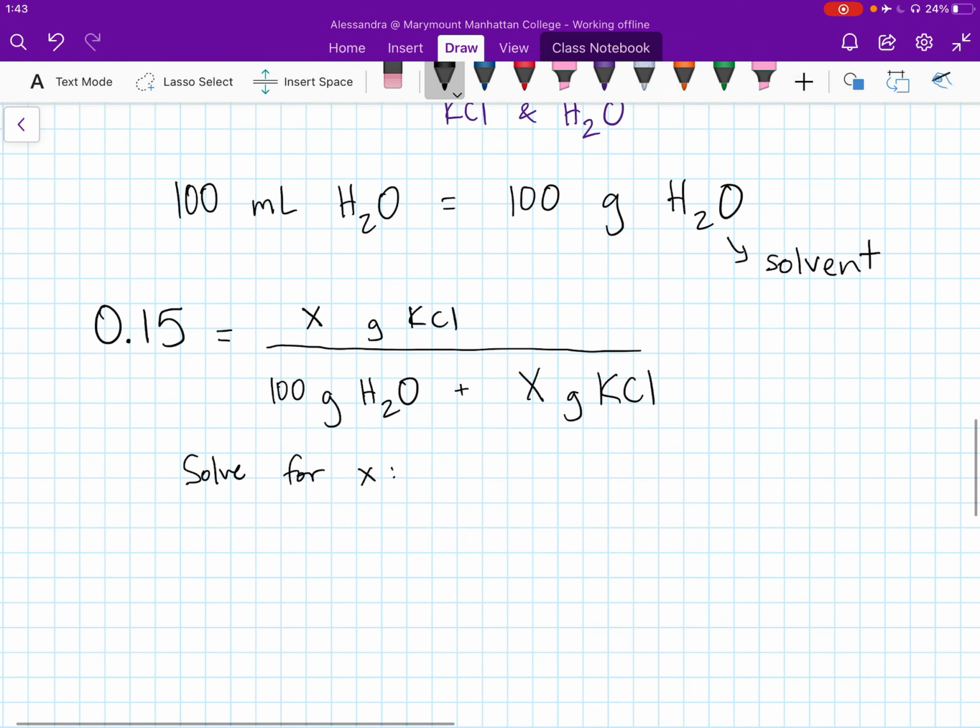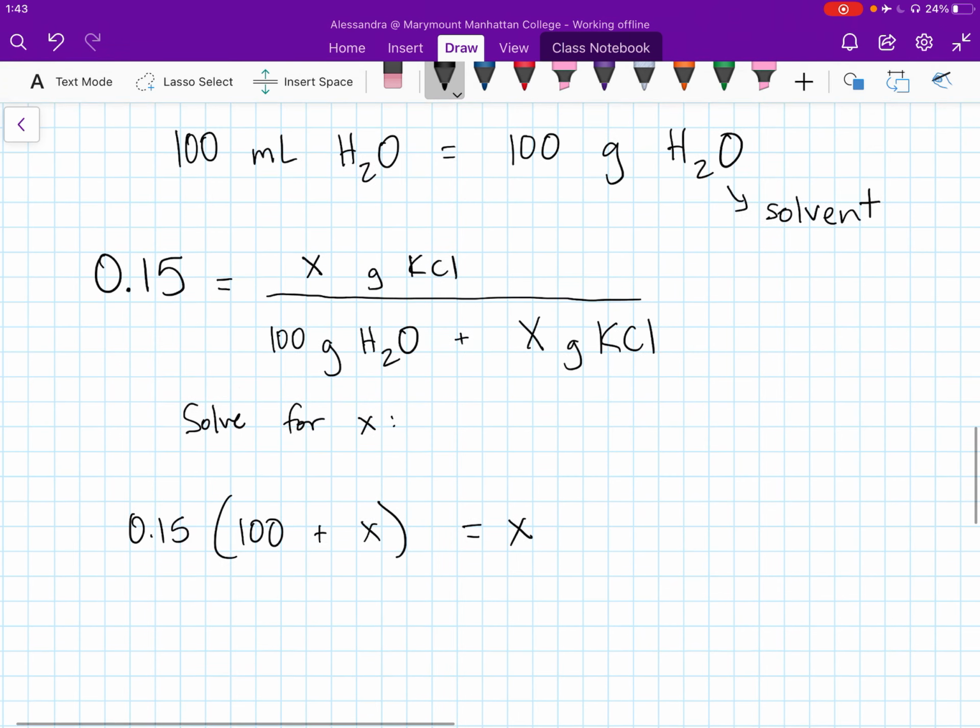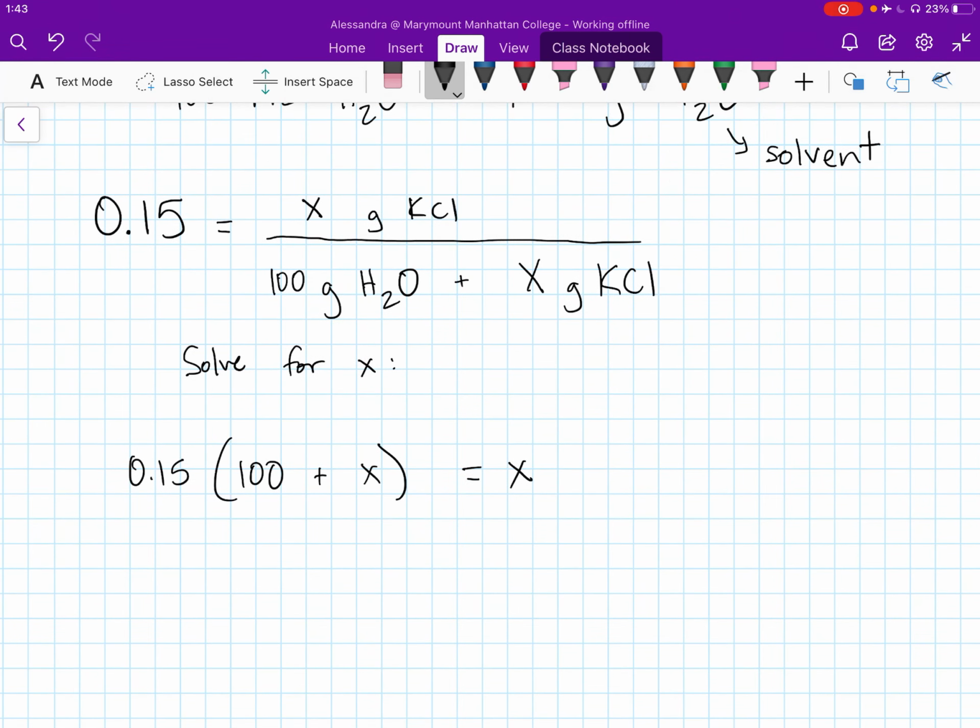So if you do the algebra, you have 0.15 times (100 plus X) equals X. You can collect all the X terms on one side and solve for X, and X comes out to be equal to 17.6. It is in grams, and this is the amount of KCl that you would measure out.